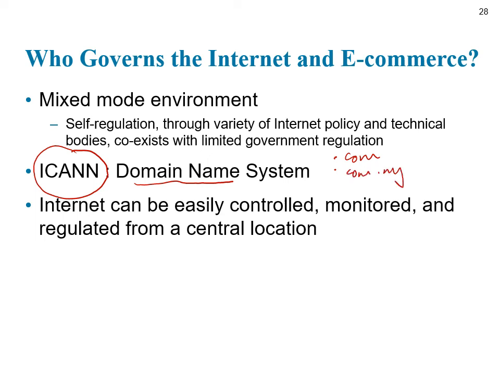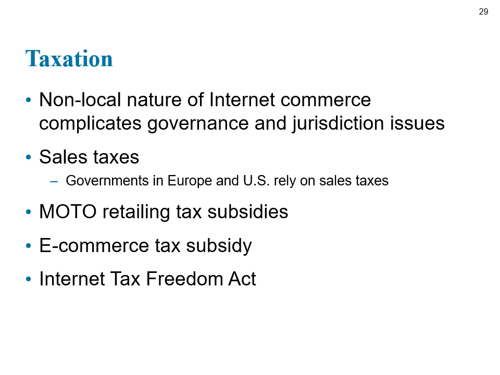For those who violate the rules of the law, ICANN may have to step in as well. The internet can be easily controlled, monitored, and regulated from a central location. ICANN can monitor something like Bank Negara, so all the transactions they can monitor.